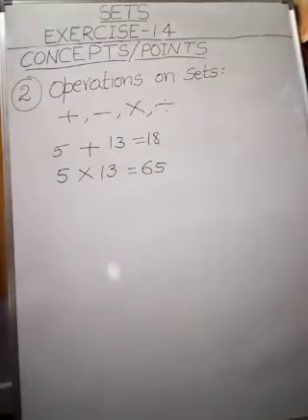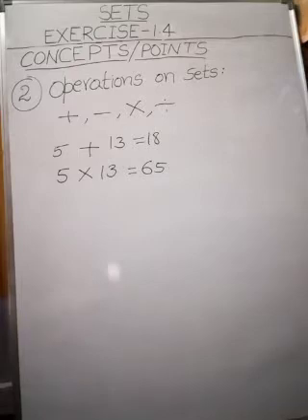Okay, my dear children? Similarly, there are some operations which, when performed on a pair of sets, give rise to another set. We will now define certain operations on sets and examine their properties.